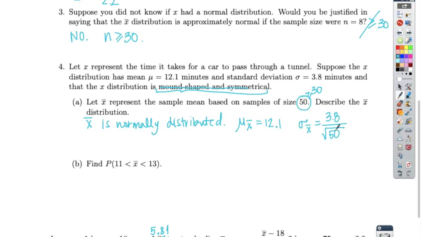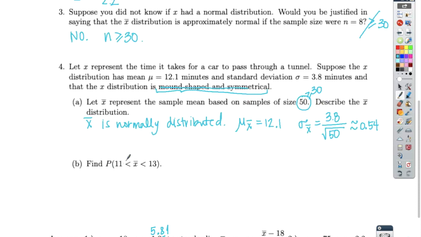So throwing that in my calculator, 3.8 divided by the square root of 50, I get 0.5374. I'm going to say 0.54. So there is my new standard deviation.